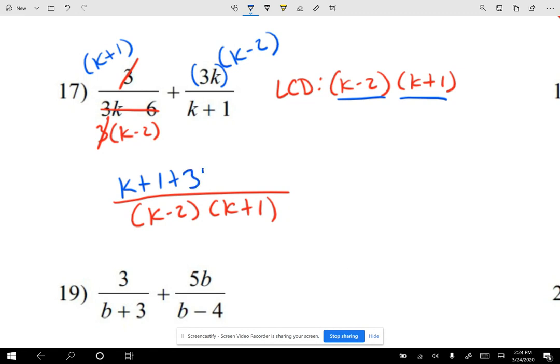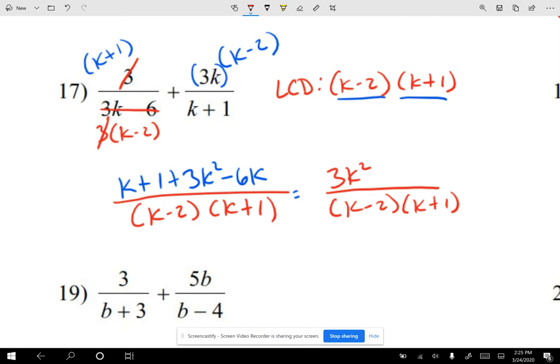So it's going to give me 3k squared minus 6k. So from the bottom, let me just copy the two parentheses that I have. K minus 2, k plus 1. On the top, let me combine these by the highest exponent. So I have 3k squared minus 5k plus 1.